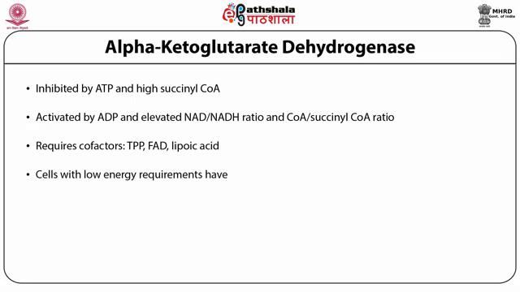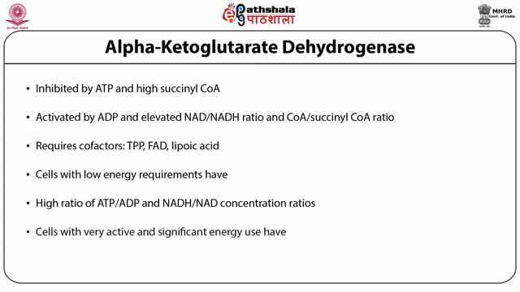Cells with low energy requirements have a high ratio of ATP to ADP and of NADH to NAD concentrations. Cells with very active and significant energy use have a low ratio of ATP to ADP and of NADH to NAD concentrations.